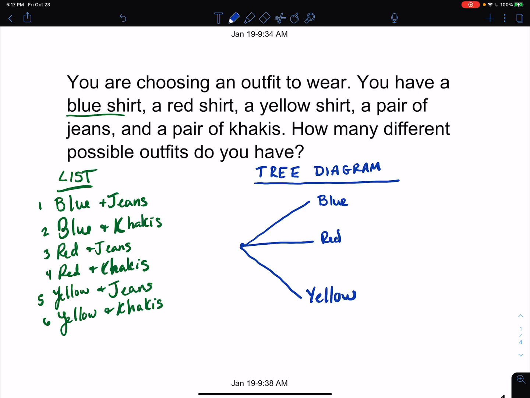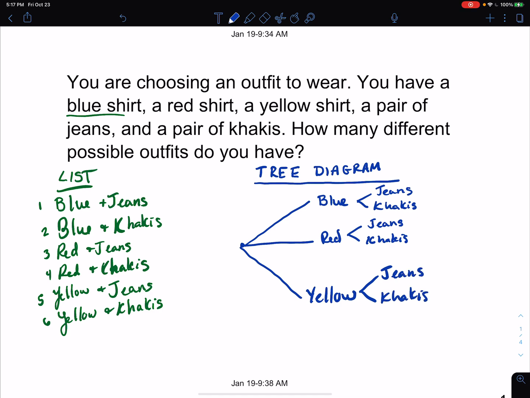Then after I've decided the shirt, I have to decide on that pair of pants. So I could wear jeans or khakis. And if I chose that red shirt, I have the same option, the jeans or the khakis. And for the yellow shirt, same 2 options, the jeans or the khakis.